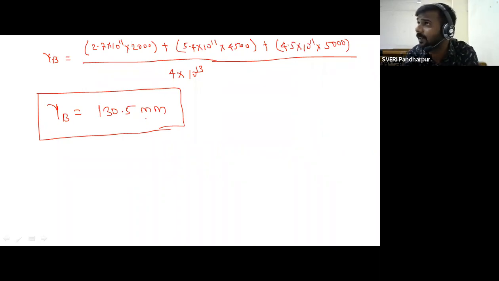Apply the brackets wherever it is necessary. This is the deflection at point B. That means free end deflection is there.